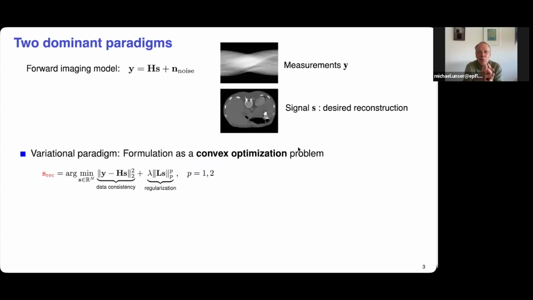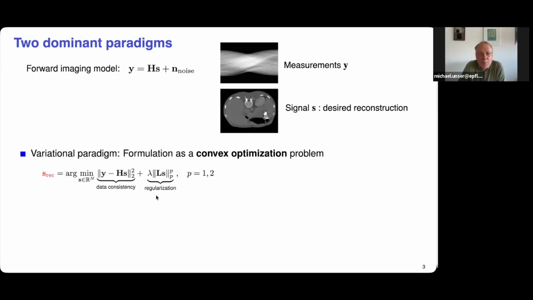And so there are two dominant paradigms now in the field. The goal here is really to go from those measurements, I recall they are y here, back to this signal. In the classical framework, we have usually formulated that as a convex optimization problem. That's what we call the variational paradigm.